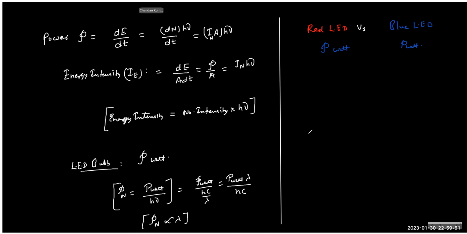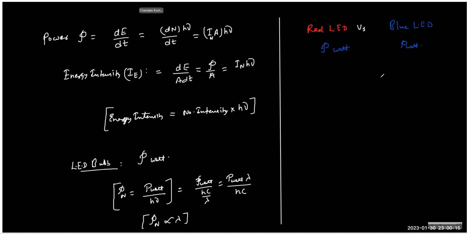So bigger wavelength will have more number of photons, the red one. So red will emit more photons per second than blue, because for the similar power, the red will have less energy per photon. So to compensate for the energy, it will emit more count of photons, right? Yes, sir.